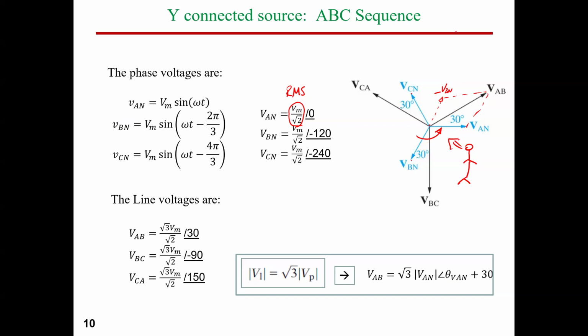So the guy standing up here and observing the rotation of the vectors would see VA, then VB, then VC. If he sees A, then C instead of B, this is called ACB sequence.